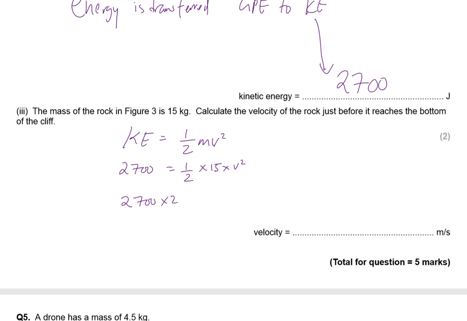Right, so we have 2. Again, because we're getting rid of this half, it goes 2. 15 multiplied by v squared, and 2 divided by 15 equals v squared. Let me just do this in the calculator.